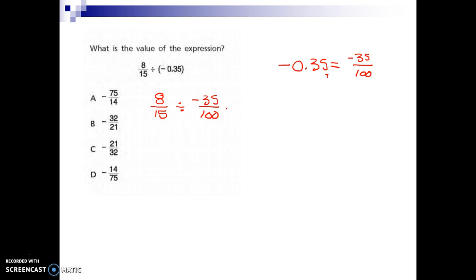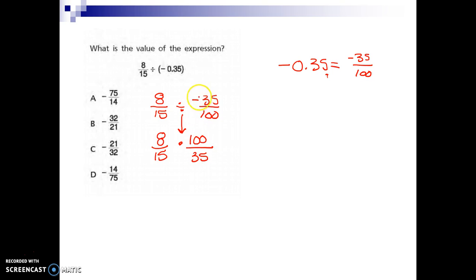There are lots of ways to go about dividing fractions. However, probably your teachers taught you keep, change, flip. They have lots of little sayings that I can't even remember, but you keep your first fraction, you change your division to multiplication, and then you multiply by the multiplicative inverse of this. You flip this one around.